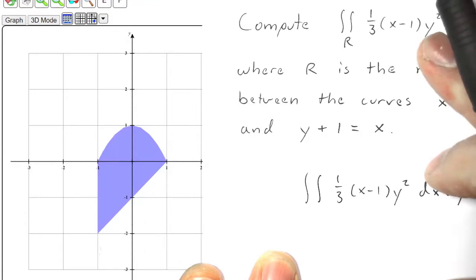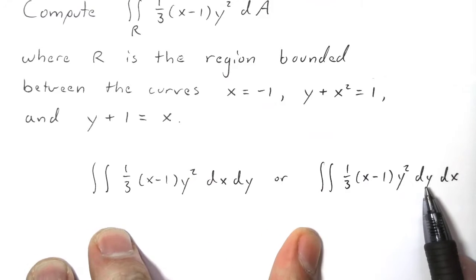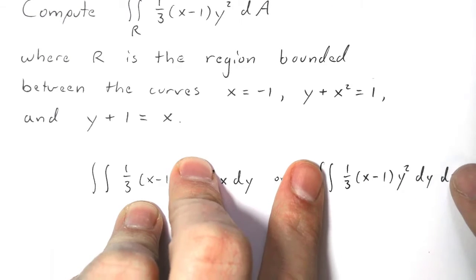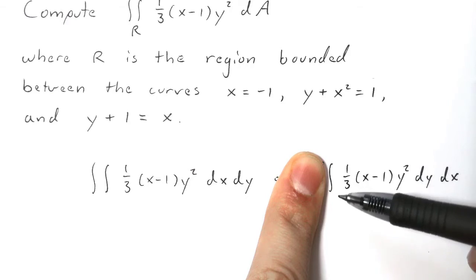Now let's look at the other one. Let's look at when we do dy dx. I'm going to do this inner integral for each value of x. So for each value of x, I'm going to integrate with respect to y, and I need to find the things that go here and here. Let's see how that's going to pan out.